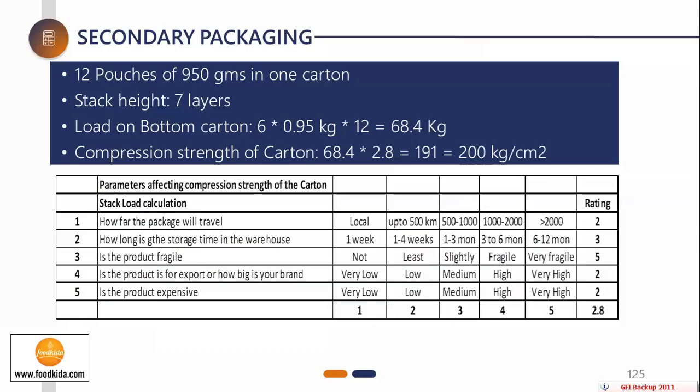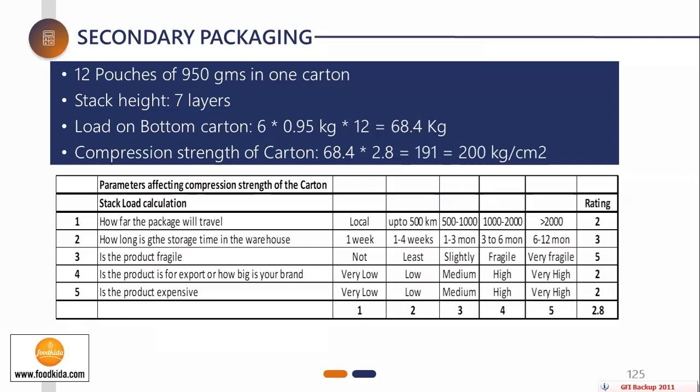But if you say that in rainy season I will go for a lower stack height, then it will be highly uneconomical, because in one truckload you will be sending less material and your logistics cost will go up. That's why designing your secondary packaging is very important.